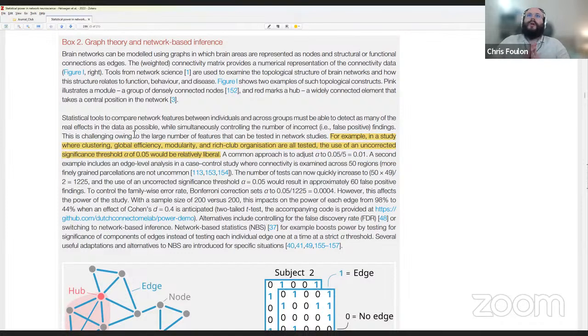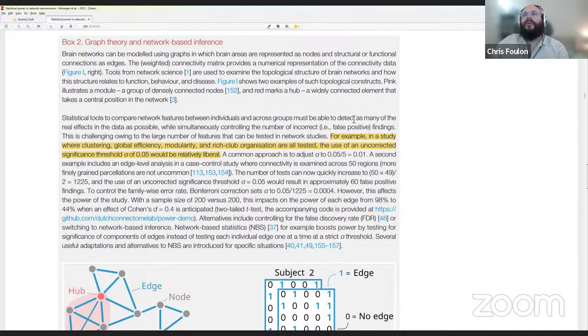So a lot of the most recent studies are using network-based inference, but there are still a lot of studies that are using the classic: we do a t-test between the connectivity of the different participants, for example.